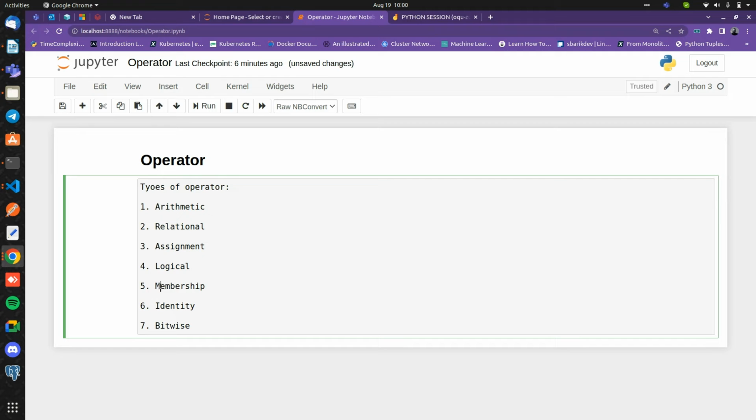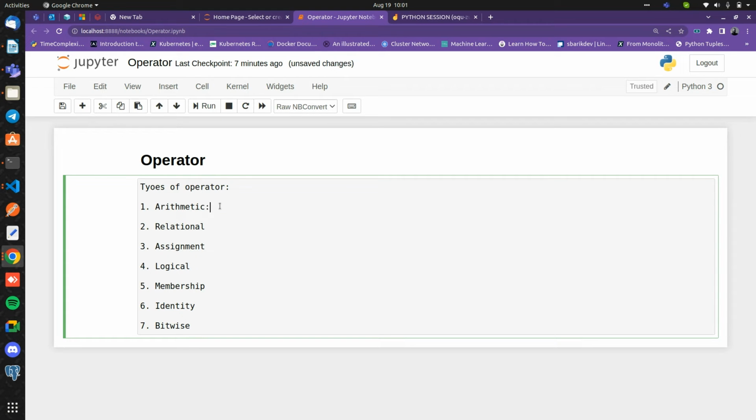So in this session we are going to learn one by one: what is the arithmetic operator, what is the relational operator, what is the assignment operator, and the logical operator, and so on up to the bitwise operator. So what is the arithmetic operator? Arithmetic operators mean subtraction, addition, division, modulus, floor division, multiplication, and exponential.